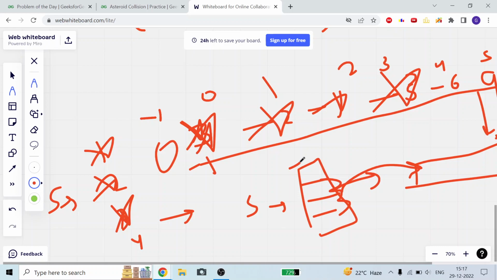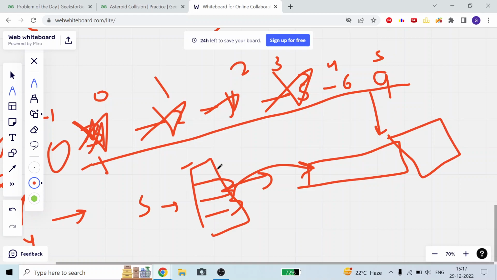All our stack will handle all the negative elements, that is, all the elements that move there, and our array will remain like 9. It is positive, it is positive. All the positive elements will be handled by my array itself. So all the remaining positive elements are the asteroids that remain in my vector after facing different collisions.